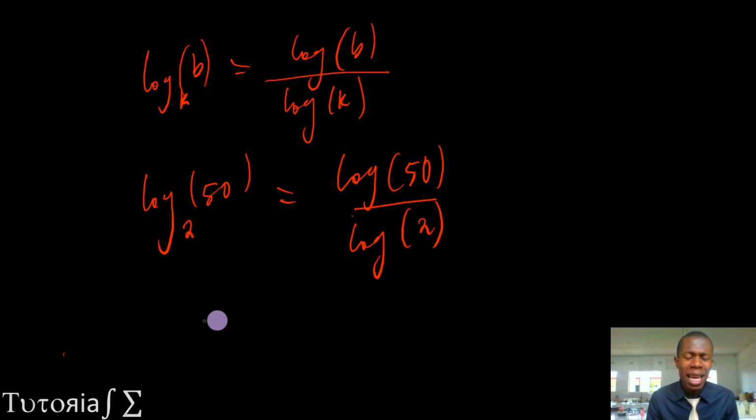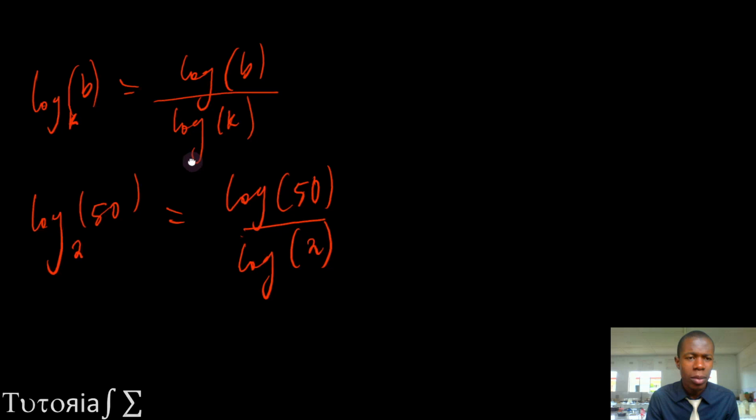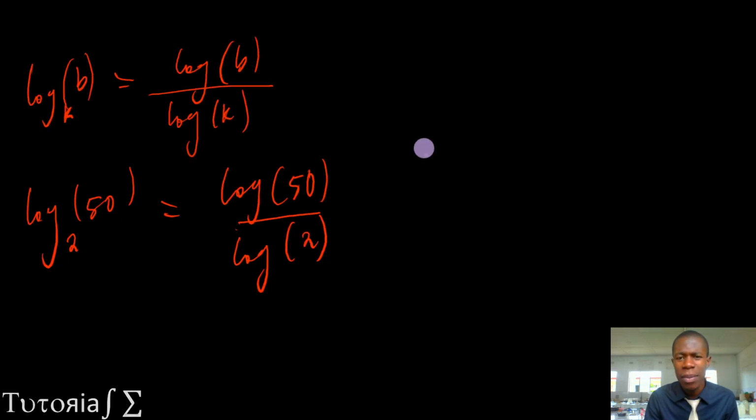So the idea is this. Let's say you have k to the power n equals b. I think I can prove this using the same thing I'm going to talk about. This is another log property.